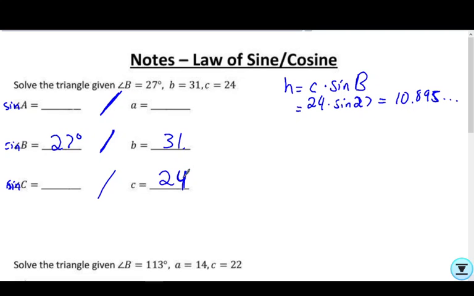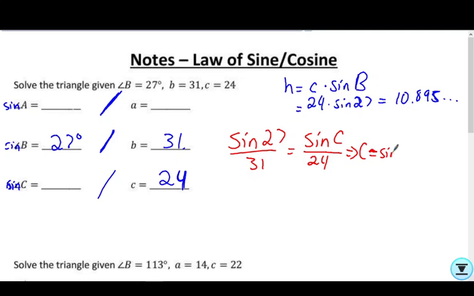So I go straight into law of sines. We start with our given ratio: sine of 27 over 31 equals, and the next piece of information I can find is angle C. So I set up my law of sines. That means angle C is equal to the inverse sine of 24 times the sine of 27 over 31.